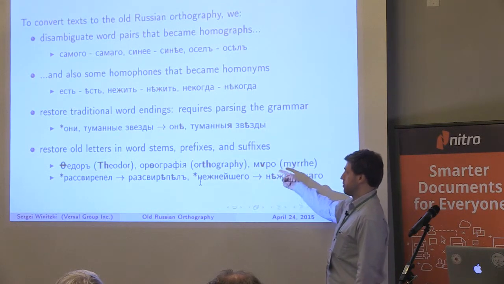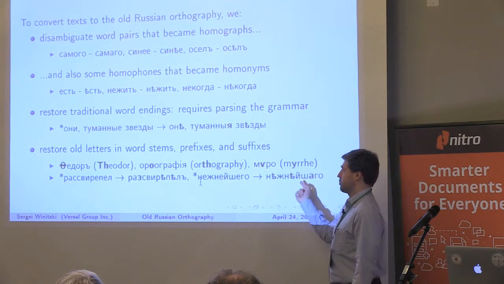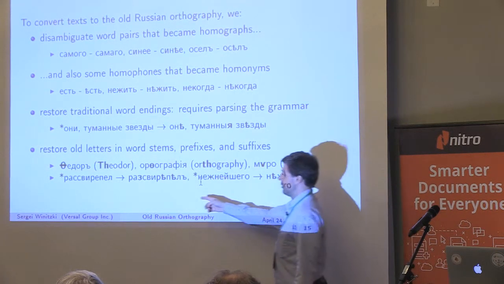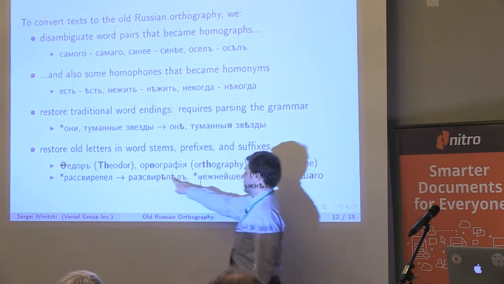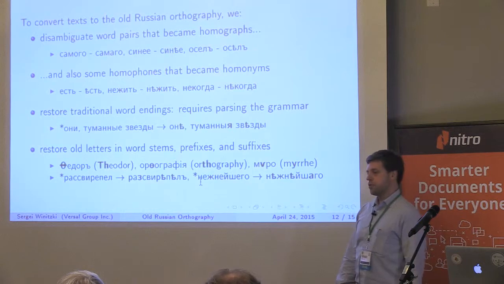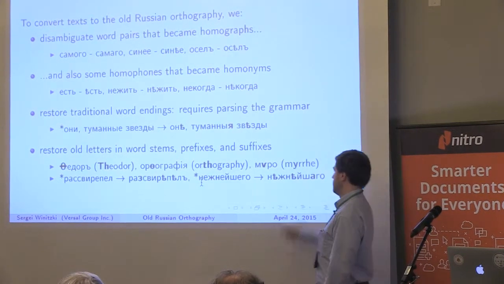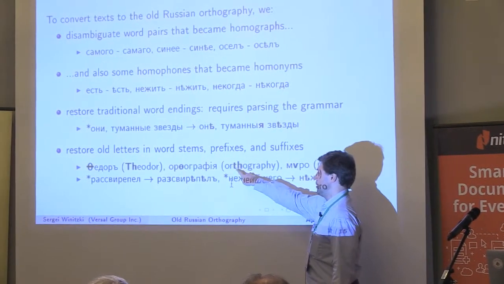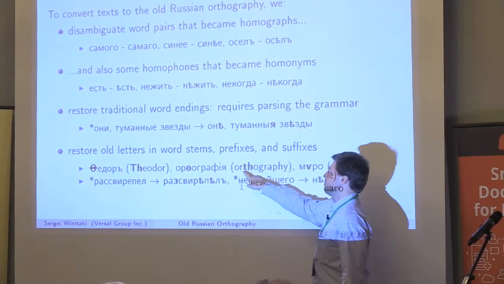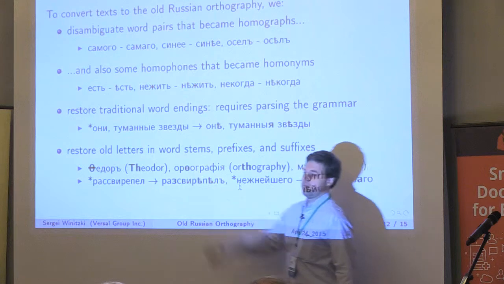Restoring old letters in other places is less problematic. It can be done by dictionary. For instance, the letter theta corresponds to the places where the word of Greek origin would have a theta in it. This is quite typical. Like the word "orthography" itself must use the letter that was eliminated.